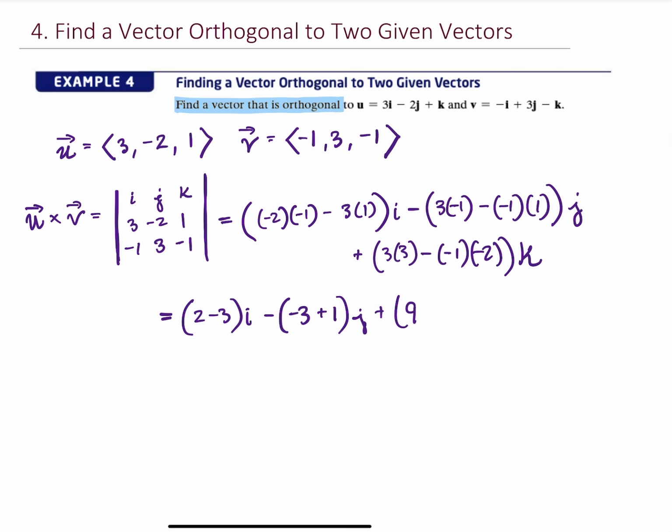So 9 minus 2. That will be for our k term. So we should get negative 1i. This will give us negative 2, but then we'll apply this negative. So it will become positive 2, so plus 2j. And 9 minus 2 is 7, so plus 7k.